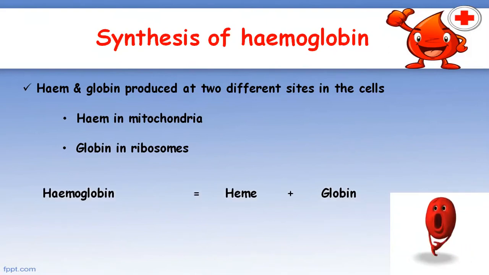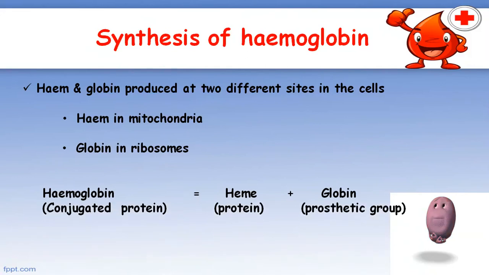Hemoglobin is formed by heme plus globin. Hemoglobin is a conjugated protein, globin is the protein, and heme is the prosthetic group. The heme is made in the mitochondria and globin in the ribosome.